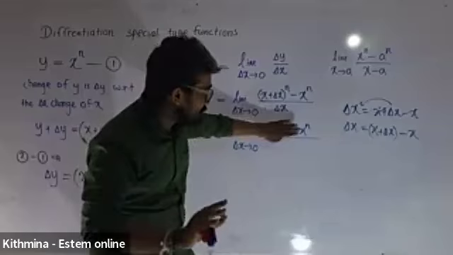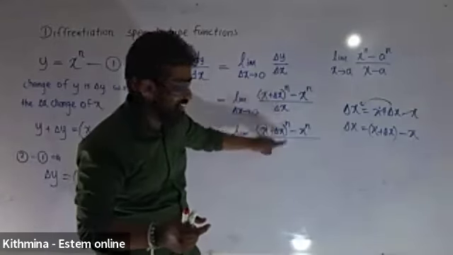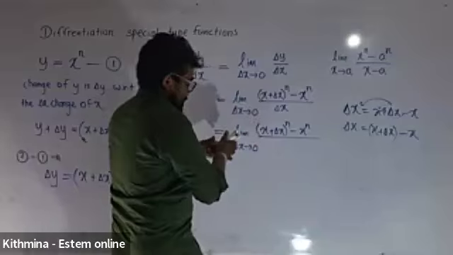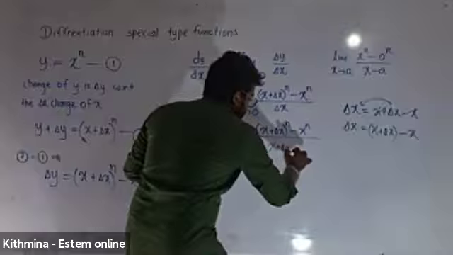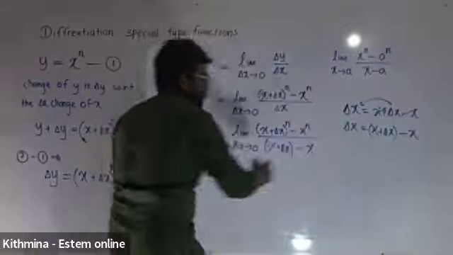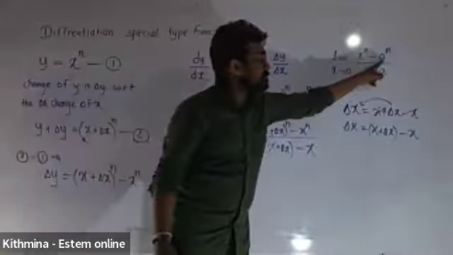Okay, no relation to the denominator. Okay, now I got it. I'm going to remove this. Got it, sir. Yes. Okay, now x plus delta x minus x. Now you see the pattern.